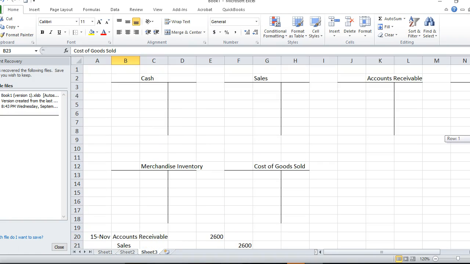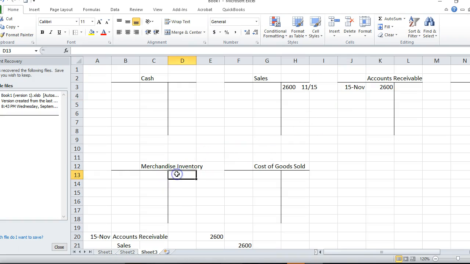Our job is to record them. So what we're going to do under sales here, we're going to show $2,600 on November 15th, right? And we're going to show accounts receivable on November 15th of $2,600.